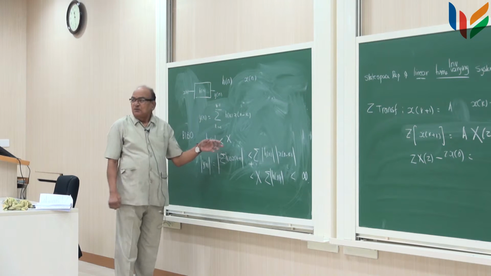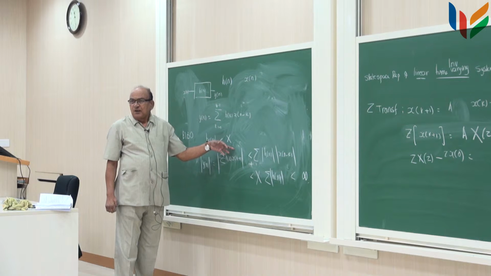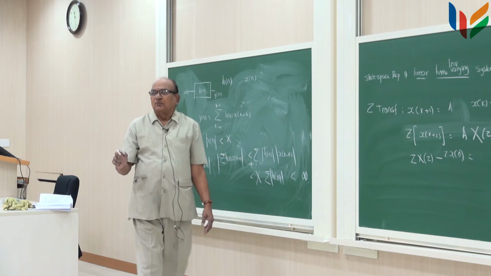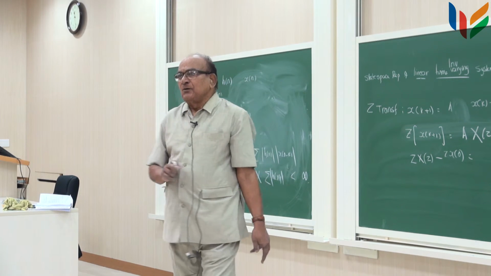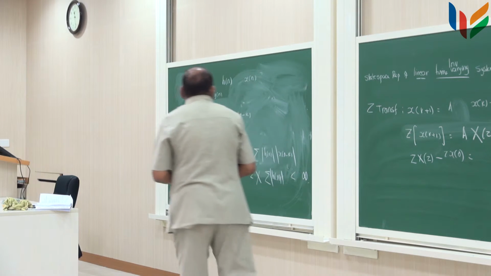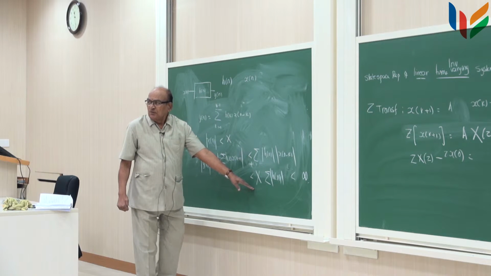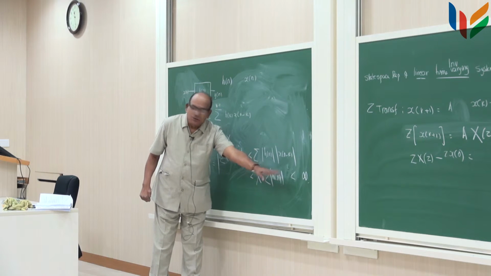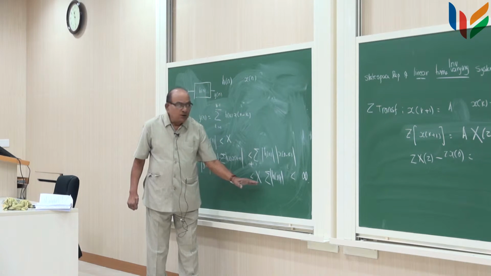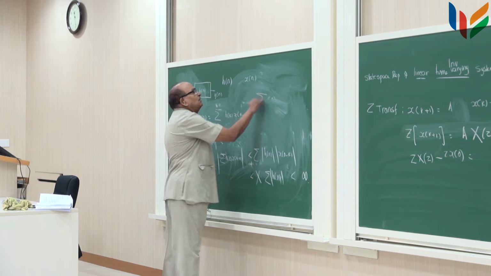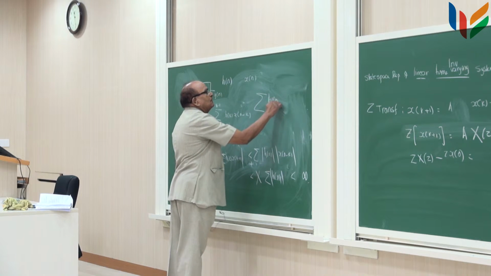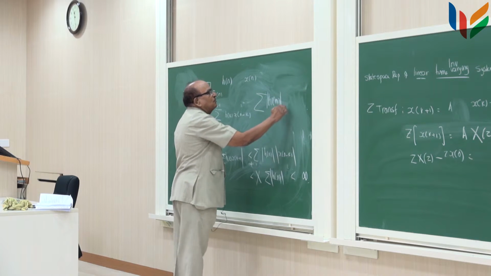So it is always bounded. It has to be amplitude bounded. So I pull this X out, and then this must be less than the bound. Since this is a bounded value, the condition turns out to be sigma Hn must be less than infinity.